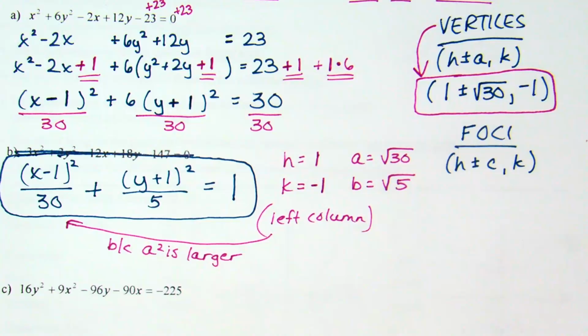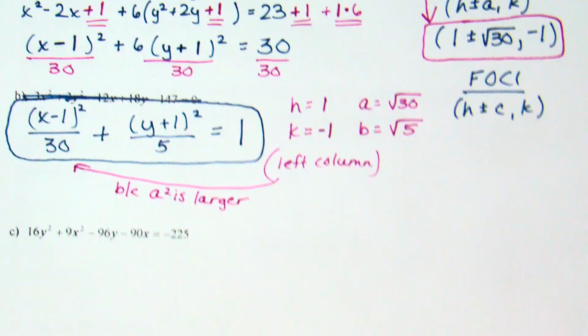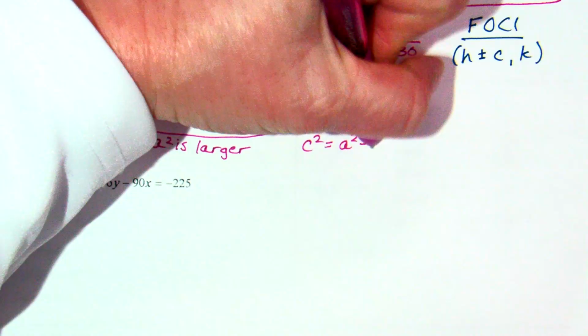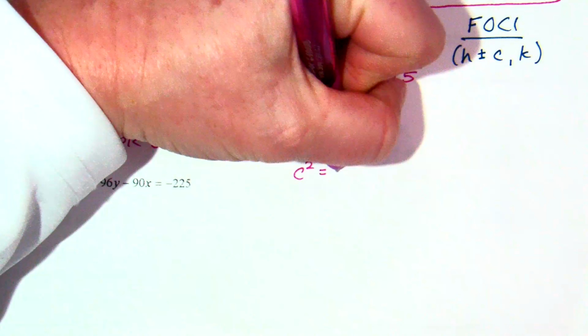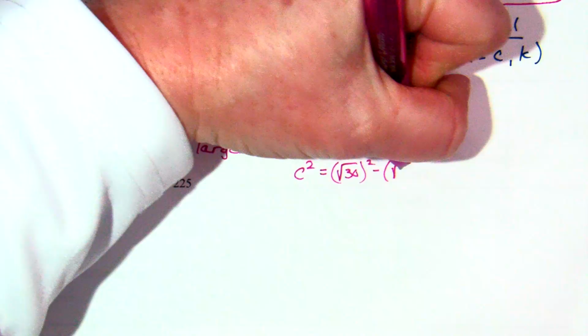My in-class students are a step ahead of me, which is fine. Noting, we don't have a C. How do we find C? Pythagorean relationship is that thingy. C squared equals A squared minus B squared. C squared is square root of 30 squared minus square root of 5 squared.